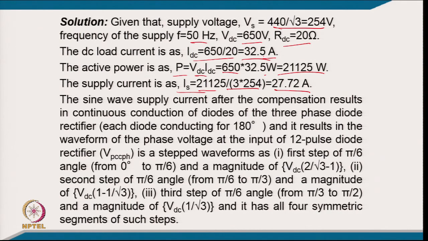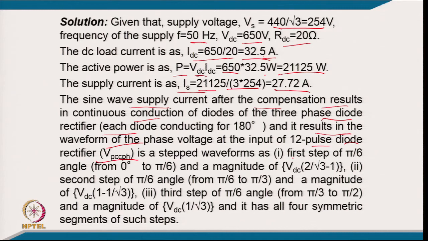Now, coming to calculate the voltage at the PCC as well as the series active voltage. The sine wave supply current after the compensation results in continuous conduction of the diodes of the 3 phase diode bridge rectifier, each diode conducting for 180 degree, and it results in the waveform of the phase voltage at the input of the 12 pulse rectifier.